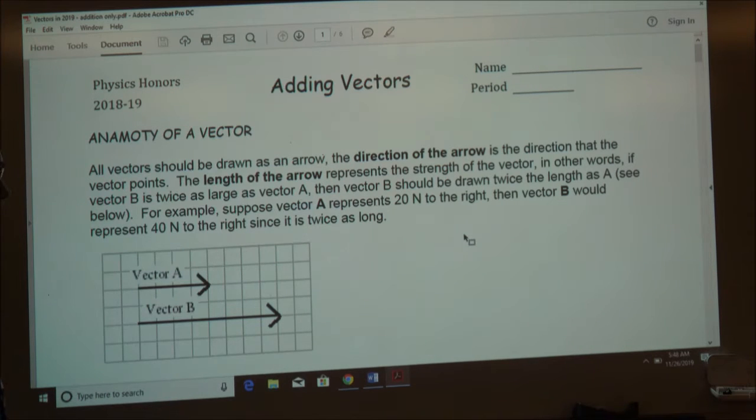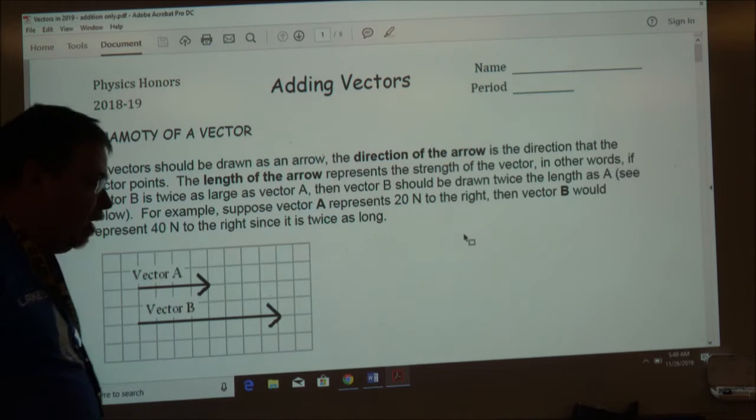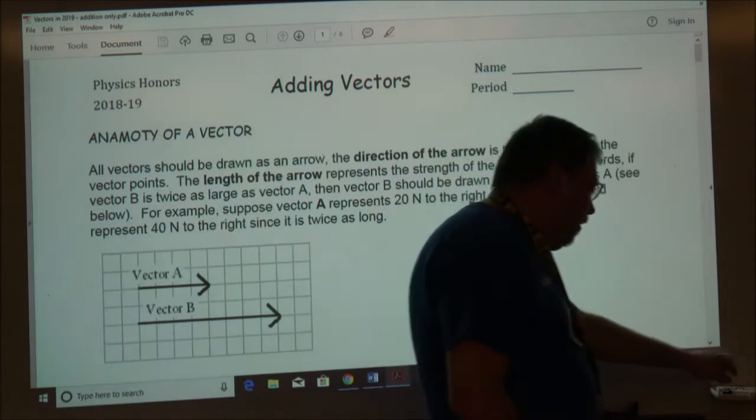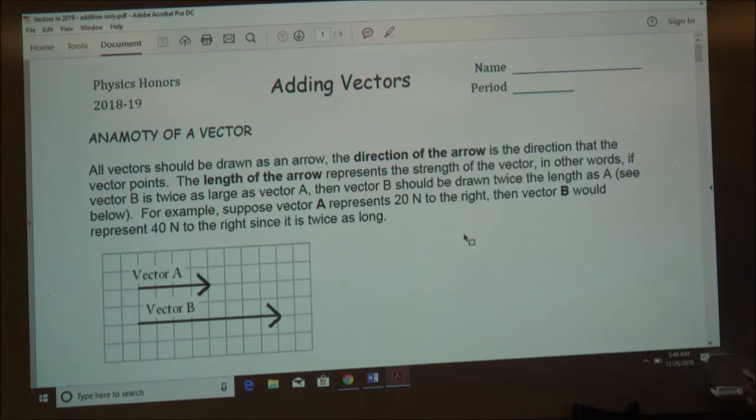So we need to learn a little more about adding them up. First of all, when we have vectors along the same line, adding them is just like any other math you've done already.